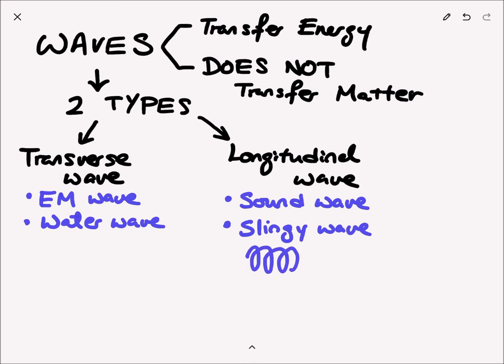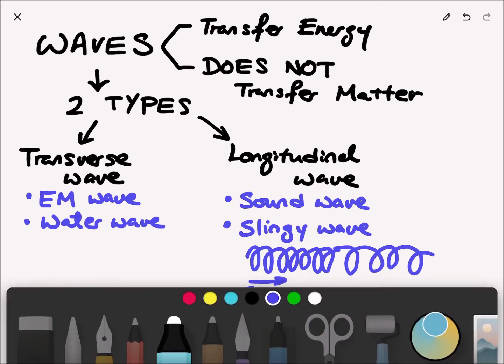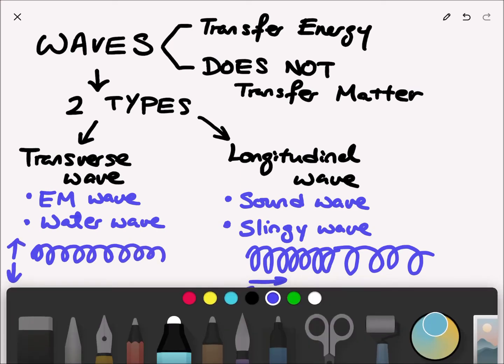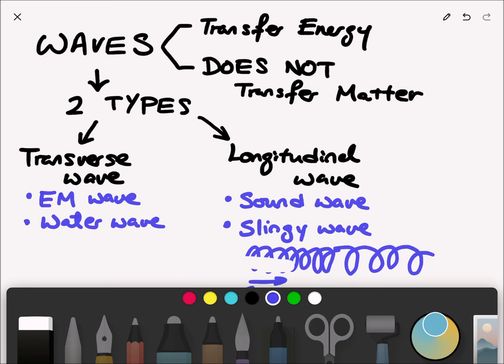Slinky is this coil of spring, and if you push it forward and backward, it will actually send a longitudinal wave. Now having said that, you can also use a slinky to produce a transverse wave by vibrating it up and down.